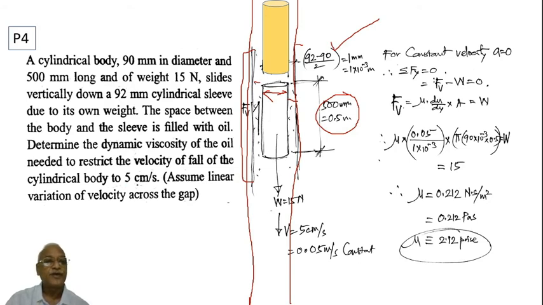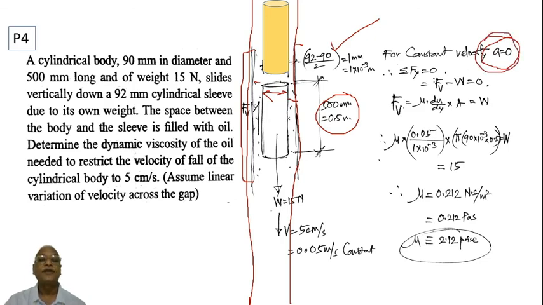Now what is important is the velocity with which the object is moving downwards because of its weight is said to be constant, right? It has to be restricted to the velocity of fall of 5 centimeter per second. Again, the point is, because the velocity is constant, we can say that acceleration is 0.